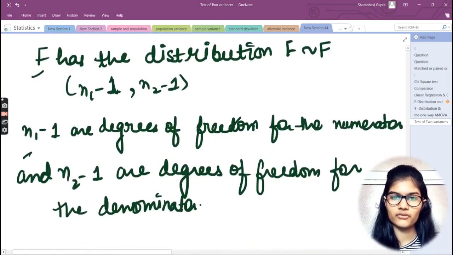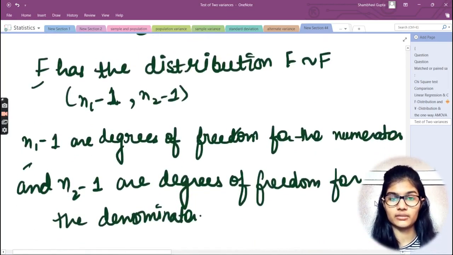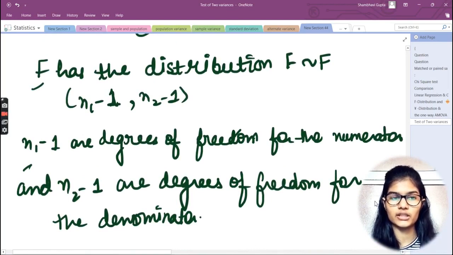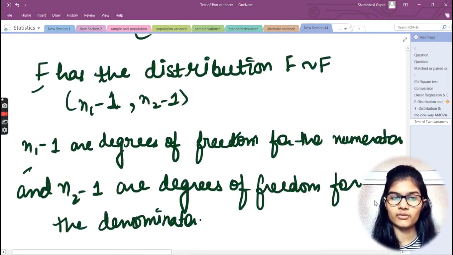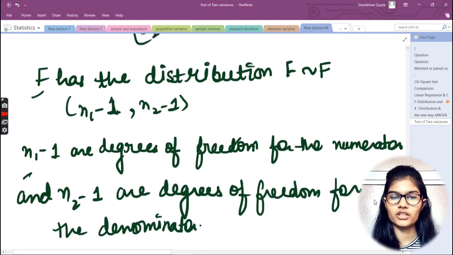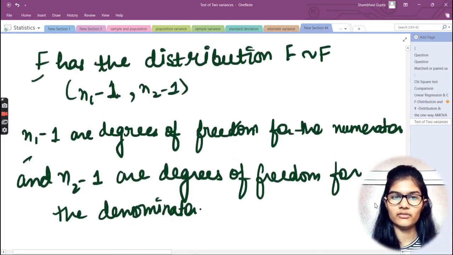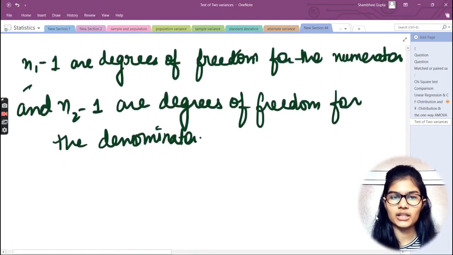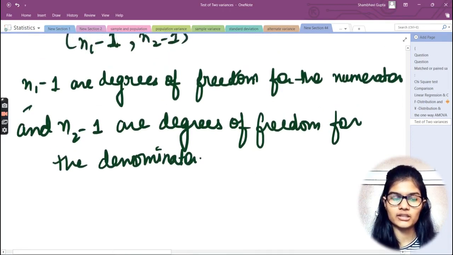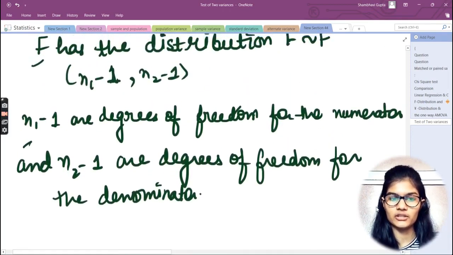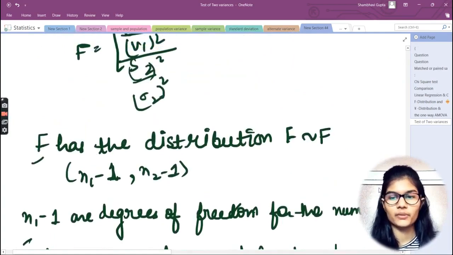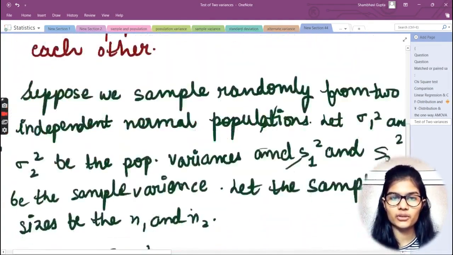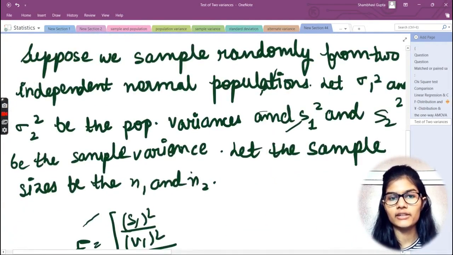It has the distribution F with n1 minus 1 comma n2 minus 1. Then n1 minus 1 are the degrees of freedom for the numerator, and n2 minus 1 are the degrees of freedom for the denominator. Hope I am clear regarding the F distribution.